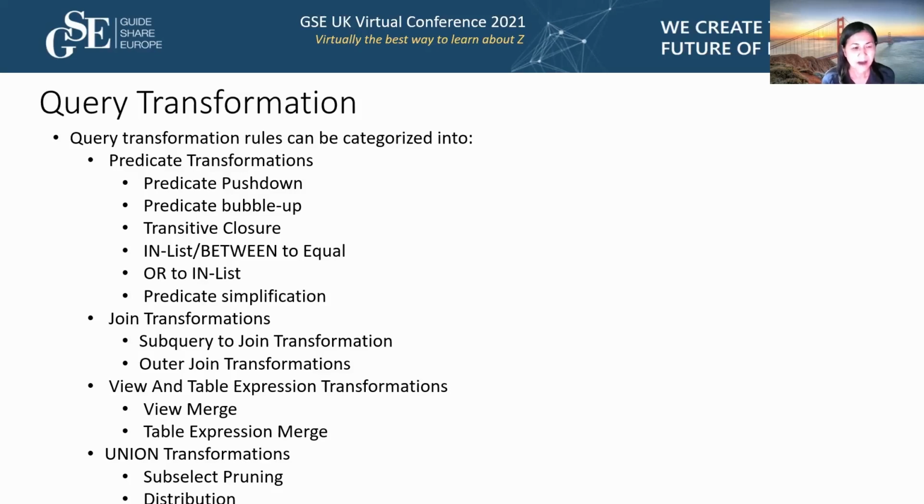We also have join transformation. Under join transformation, I will discuss subquery to join transformation and outer join transformation. Next is view and table expression transformation. We will go over view merge and table expression merge. Last but not least is union transformation. Under union transformation, we will discuss subselect pruning and union distribution.